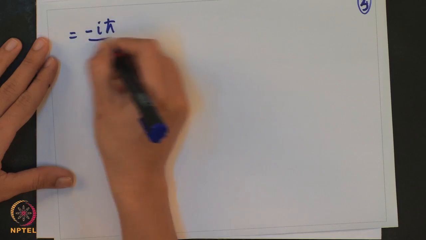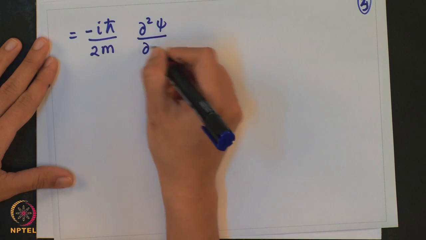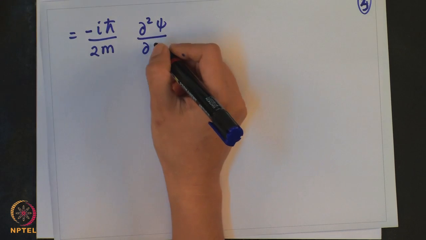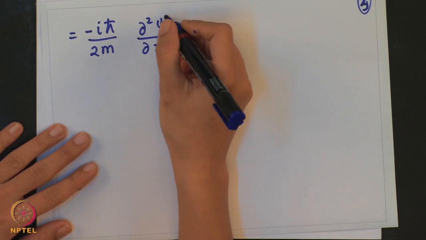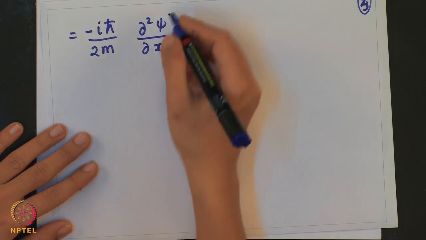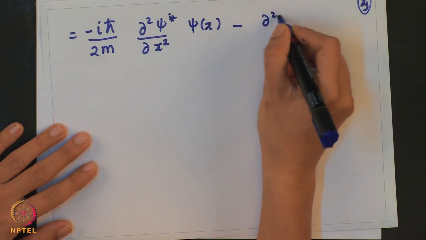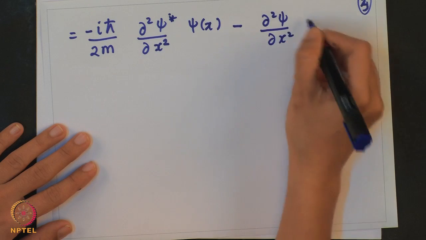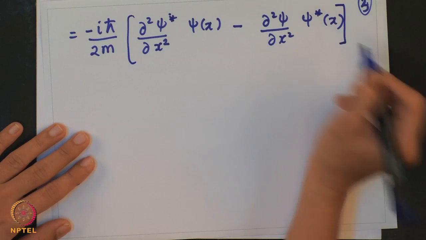So, I can simplify this as i h cross upon 2m times d square psi star by dx square psi of x minus d square psi by dx square psi star of x. This is what I have.